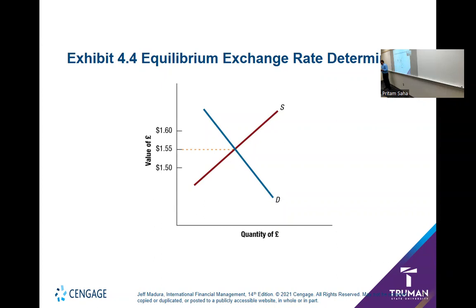At the same time, people that used to supply at the 1.55 rate will now feel more motivated to supply more. So this is gonna be the new equilibrium level of quantity, and this is gonna be the new equilibrium level of spot rates.